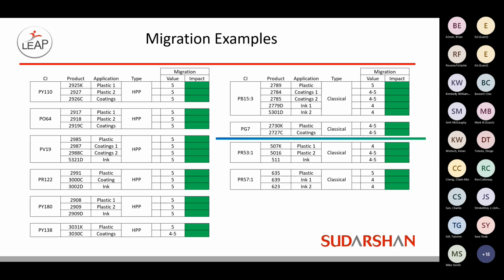Although we do start to see a little bit of difference in a few chemistries that may give some pause, especially within the pigment blue 15.3, where we go from a very good response to a slightly less than good response.